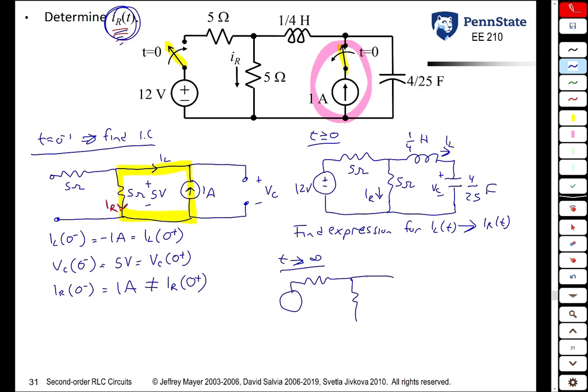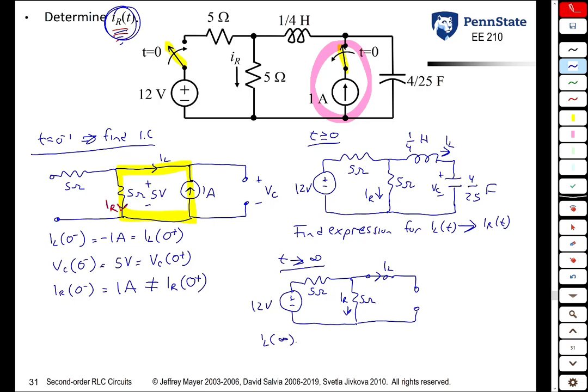The inductor is a DC short. The capacitor is a DC open. 12 volts, 5 ohms, 5 ohms, IL, IR.